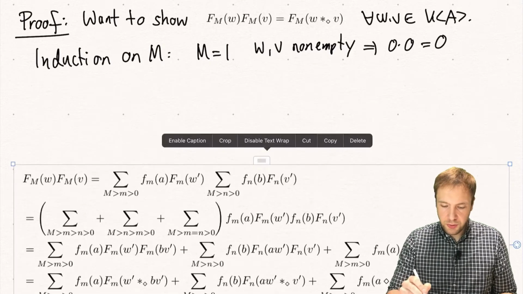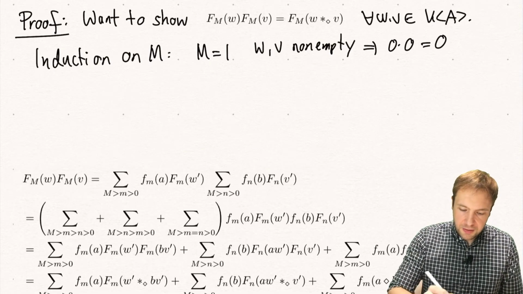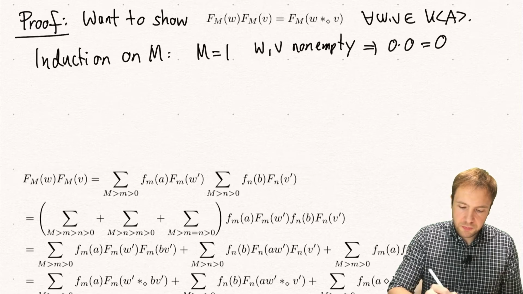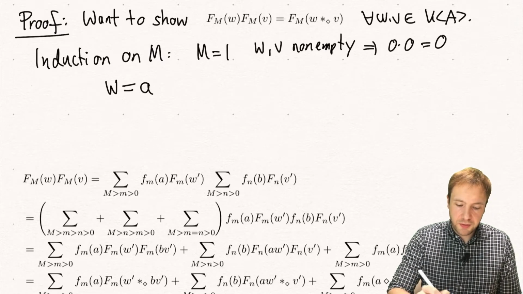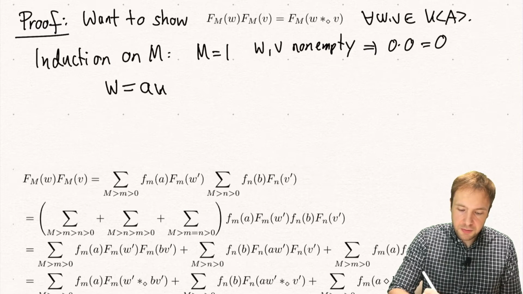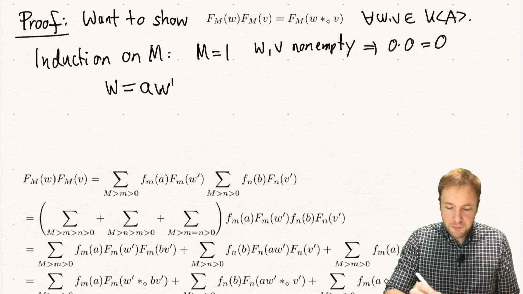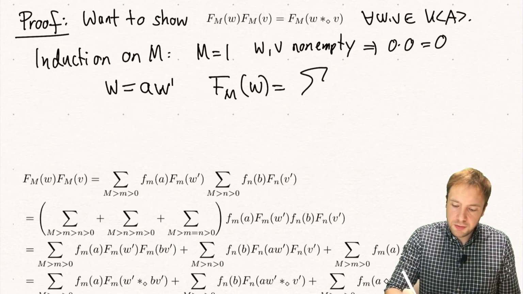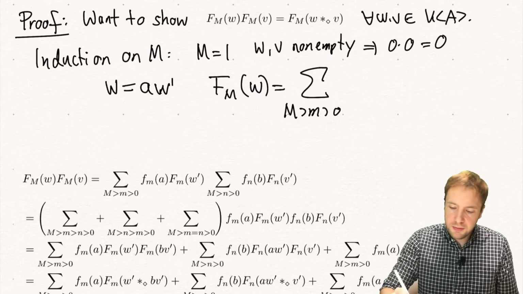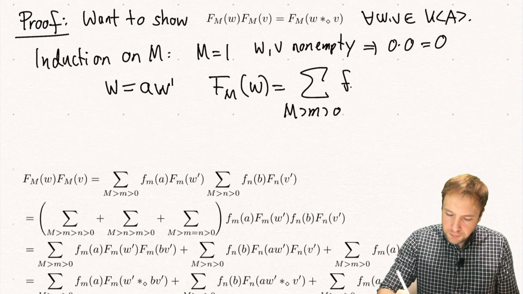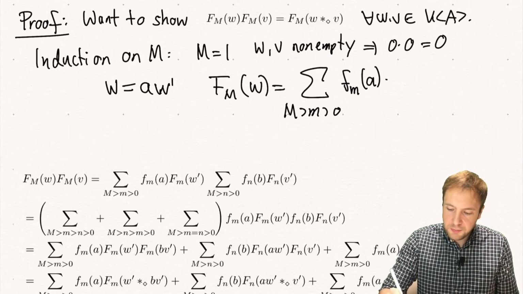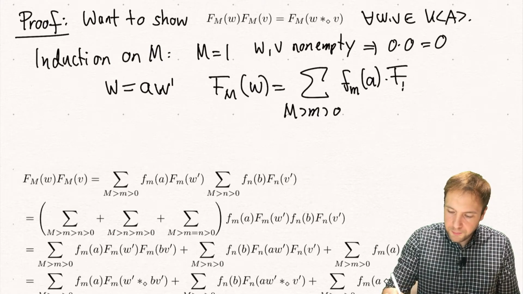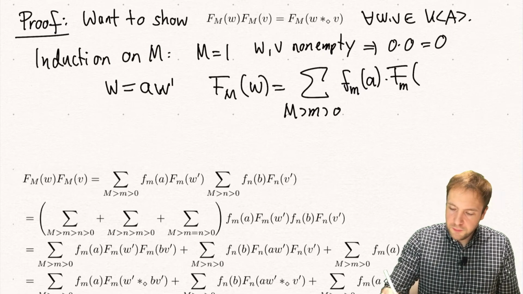And for this, we first need to notice something, namely, if I have a word w, which starts with some letter a, and the rest is w prime, then fm of w is given by taking this sum here, where I take fm of a times capital F small m of w prime.